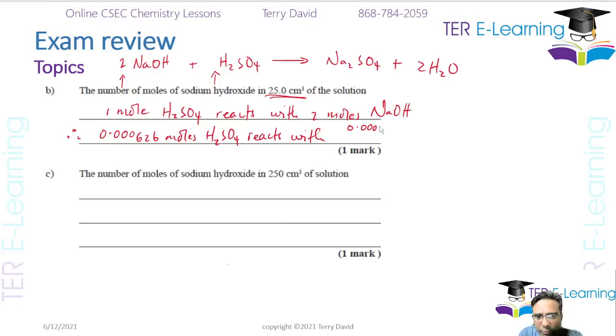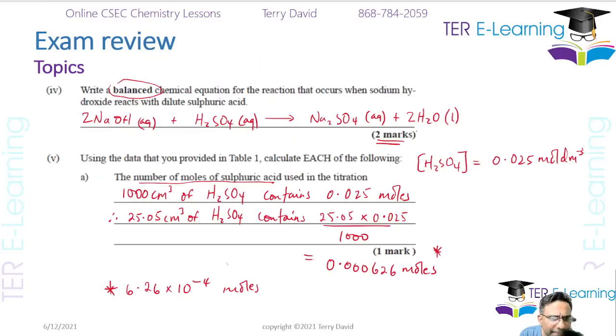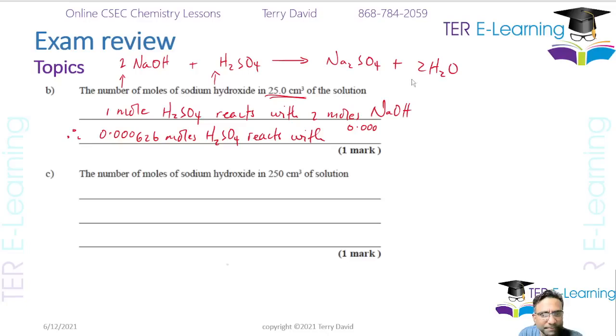So you're going to put 0.000, what is it, 4 zeros or 3 zeros? I'll make sure. Alright, so it's 3 zeros, right? 626 multiplied by 2 divided by 1. So this answer here is going to be 0.000626 multiplied by 2. And what I'm going to get here is 0.00125 moles.